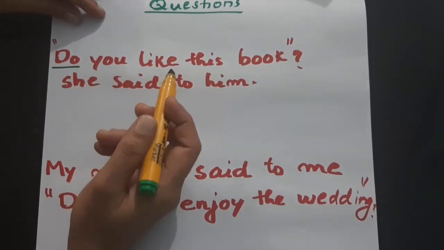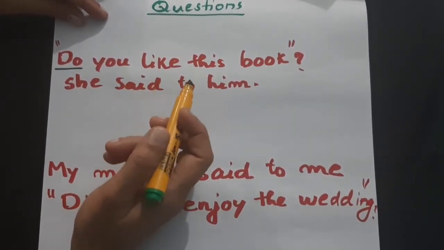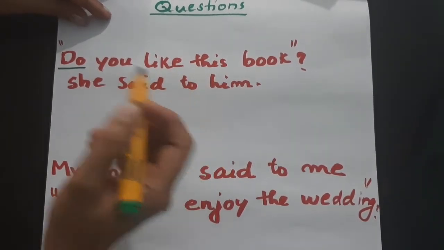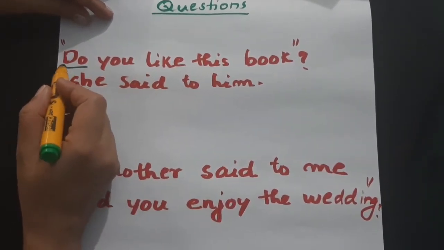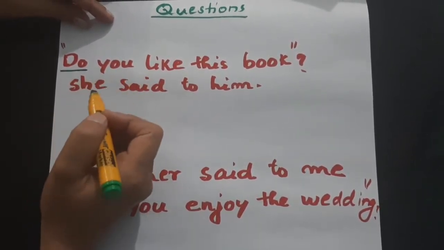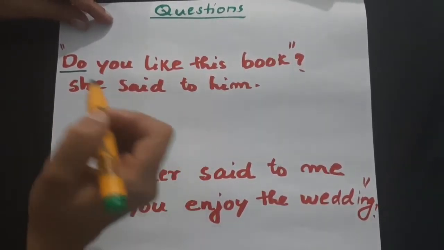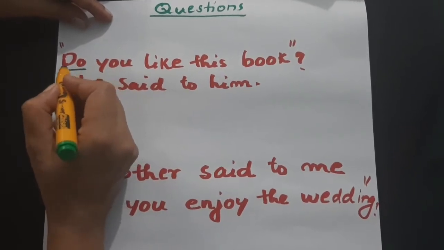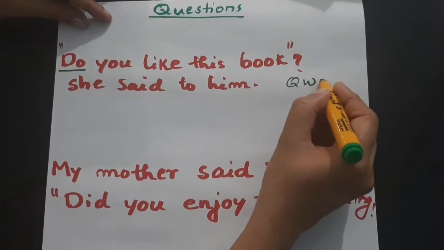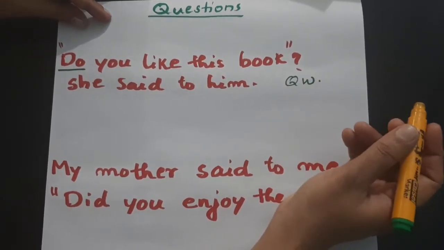Its answer can be either yes or no. So this is a yes or no question that starts with an auxiliary verb. So, do you like this book? She said to him. Here you know that you don't have a question word. So what will you do? Let's see.